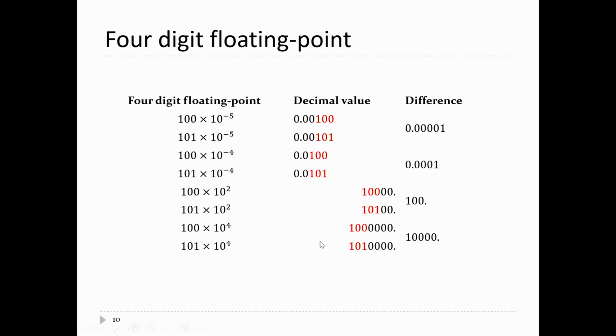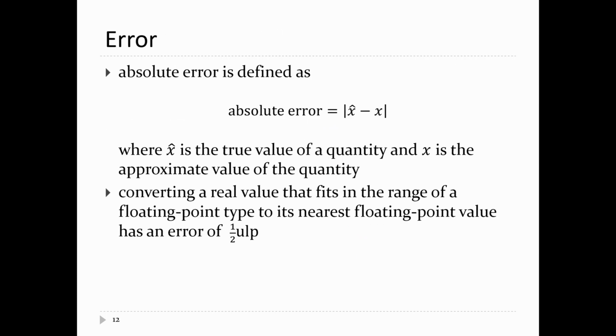So in other words, any number between these two values is no more than half the distance between those two values, which is equal to half an ULP. So your conversion from real number to floating point, the error is never bigger than half an ULP.